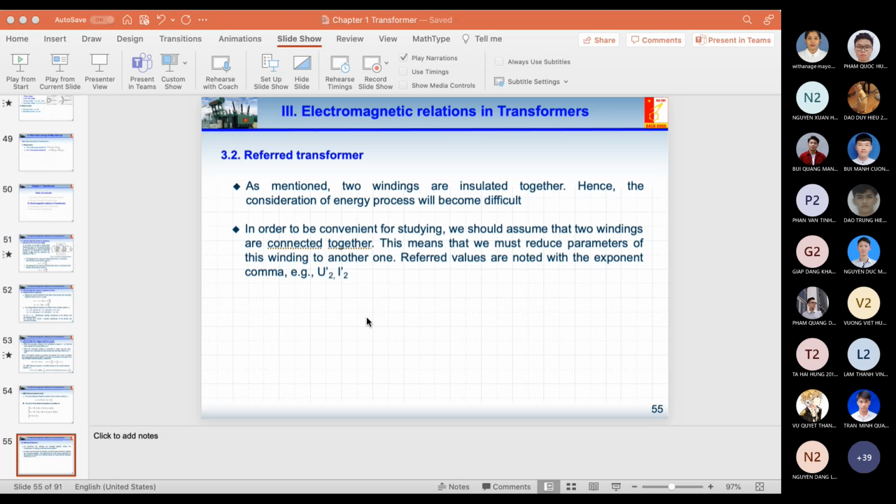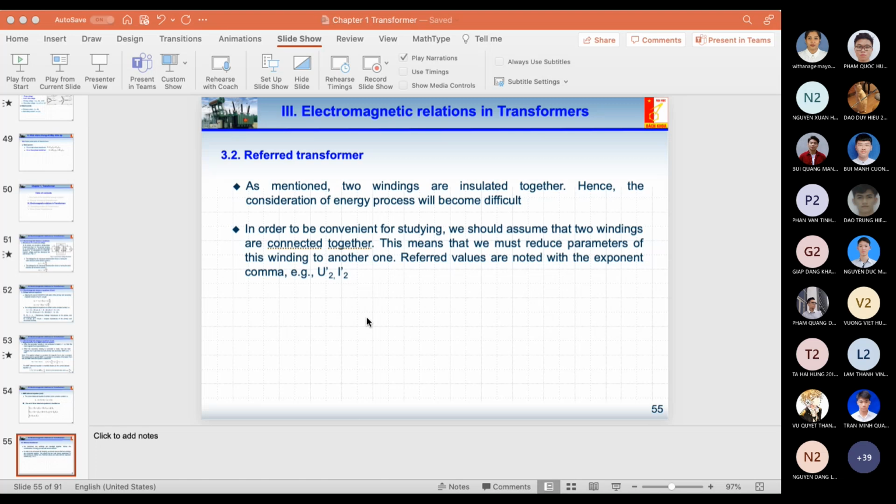It means that normally we have two different voltage levels. In the primary winding, the voltage is 22 kilovolt, for example, and in the secondary winding, the voltage is, for instance, 0.4 kilovolt, a different voltage level.